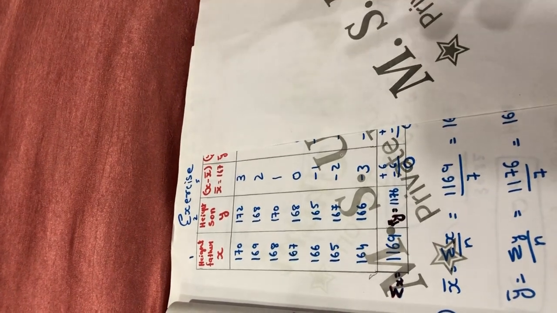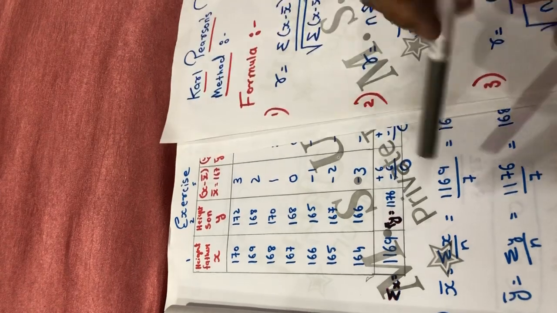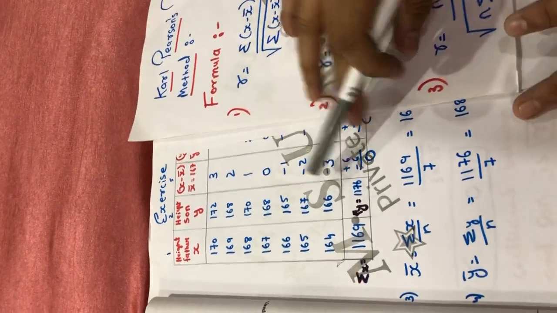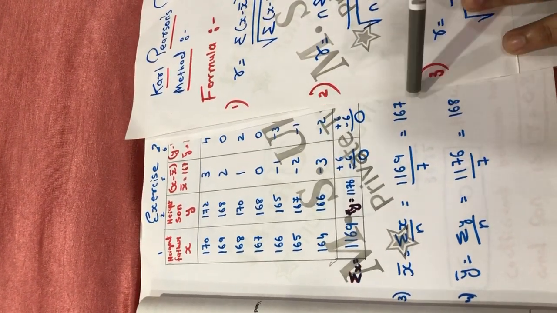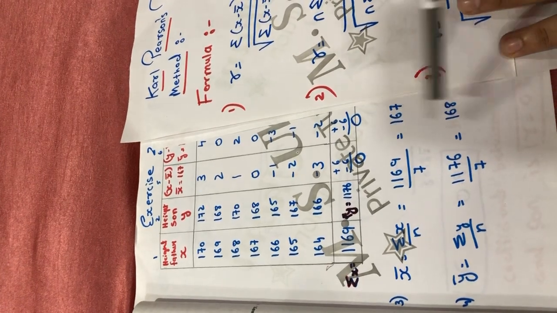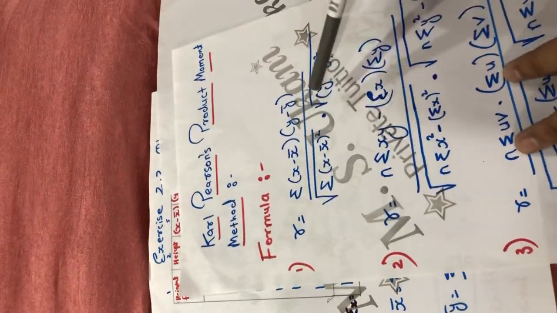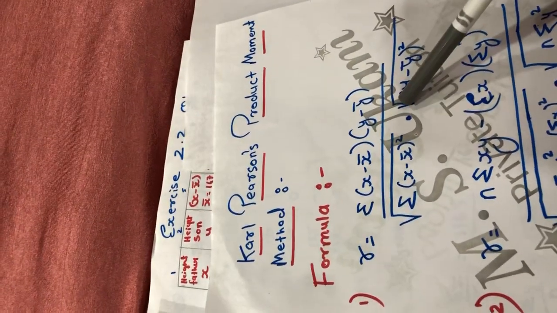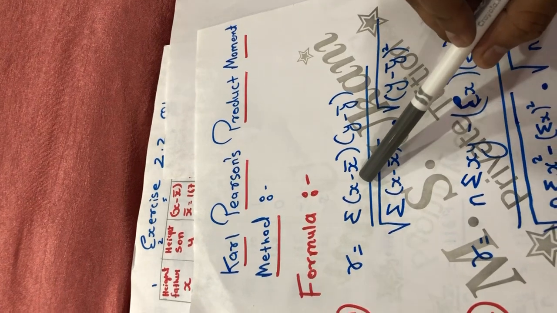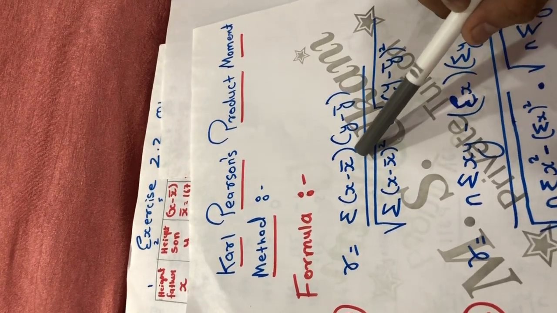First of all, after getting the x bar and y bar, you decide from which formula we have to do the sum. So first of all, write the formula below the sum, that is this one. Now in this formula, observe the first bracket, that is x minus x bar.